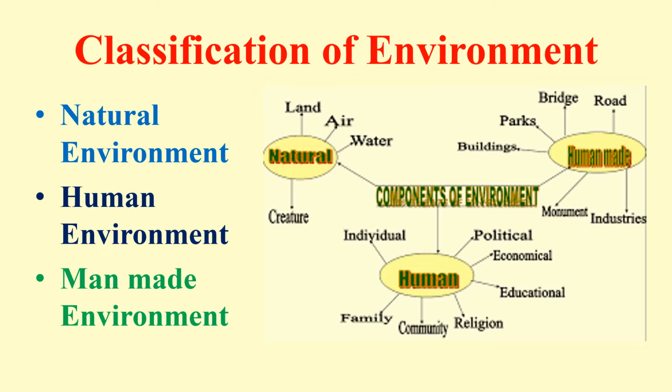The man has to study the distribution of population, availability of resources, development in technology, and alternate means of fulfilling the increasing demand created by growing population. Yes, these are called man-made environment.